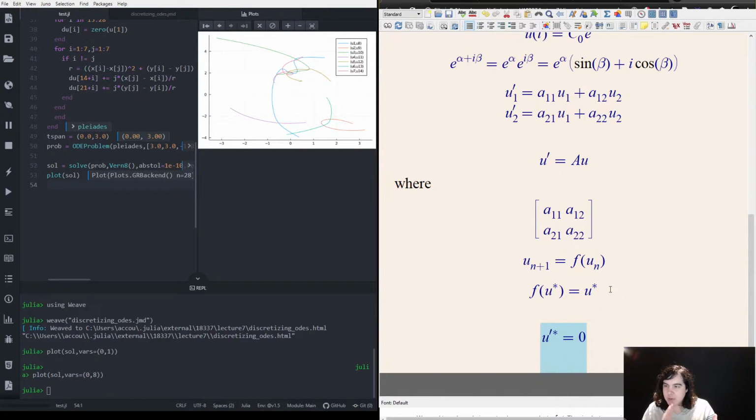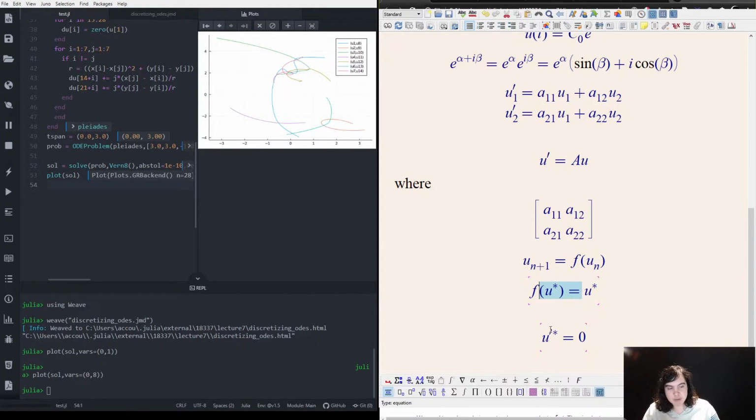Everything to do with fixed point problems in the discrete case becomes a root finding problem in the continuous case. So this behavior is the same thing as a steady state: a state that you move to and never leave again.